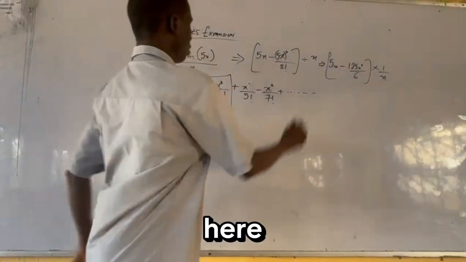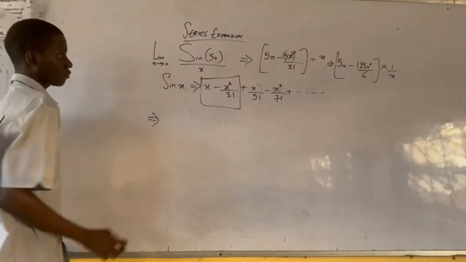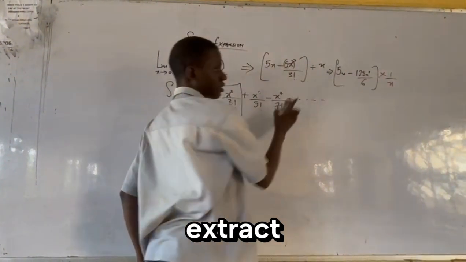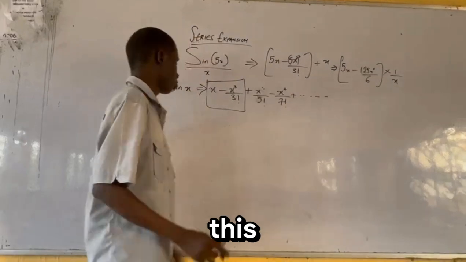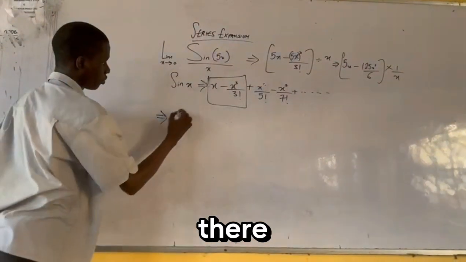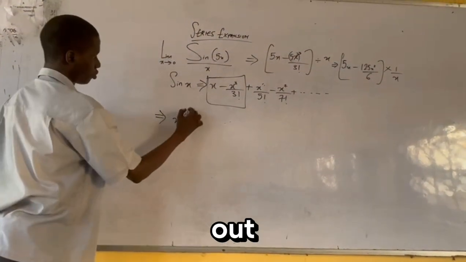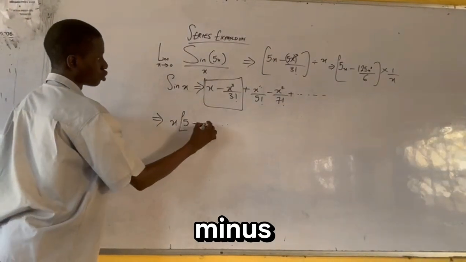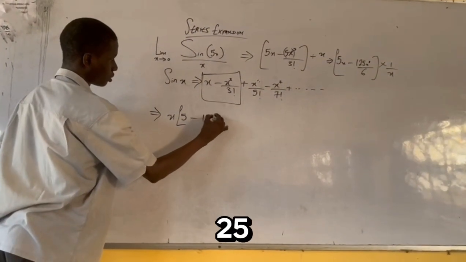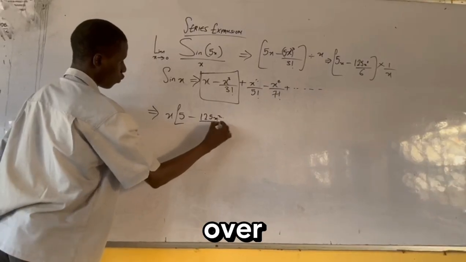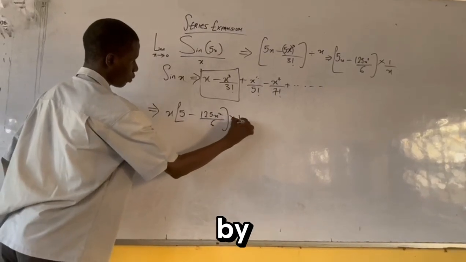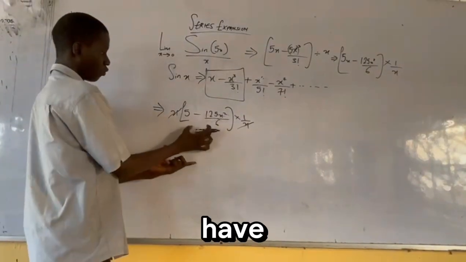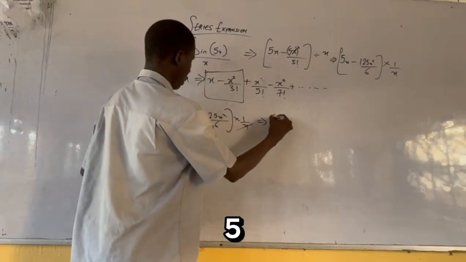To cancel out this x, you can factorize x from this numerator. Factorizing x out, what is left is 5 minus 125x squared over 6, multiplied by 1 over x. Now x cancels out x.